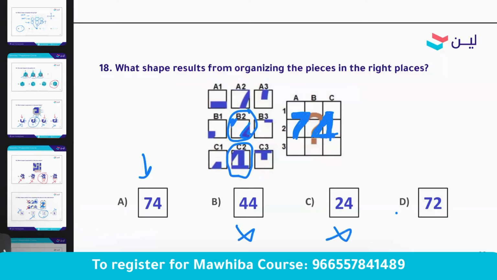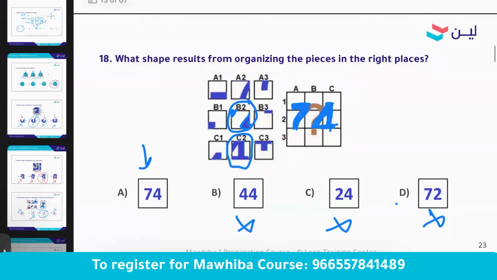B won't be the right answer, C won't be the right answer, and D won't be the right answer. So at this level, you don't need to waste more time trying to figure out the answer. Just move on. The answer is 74 for question number 18.